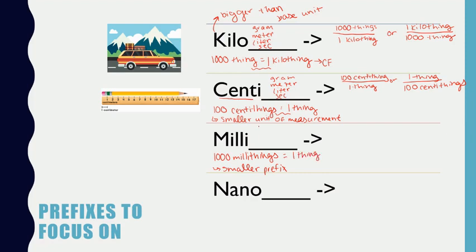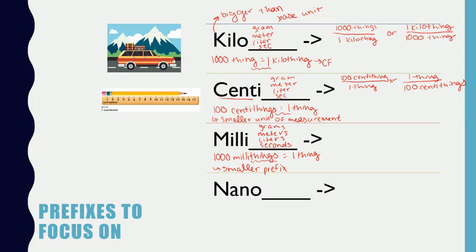So we can think of that as we have 1,000 milligrams for every 1 gram, 1,000 millimeters for every 1 meter, 1,000 milliliters for every 1 liter, and 1,000 milliseconds for every 1 second. So we can plug in our base unit in for things depending on what we are measuring.